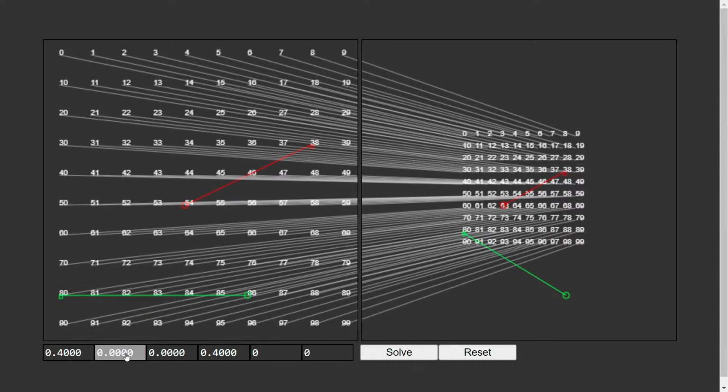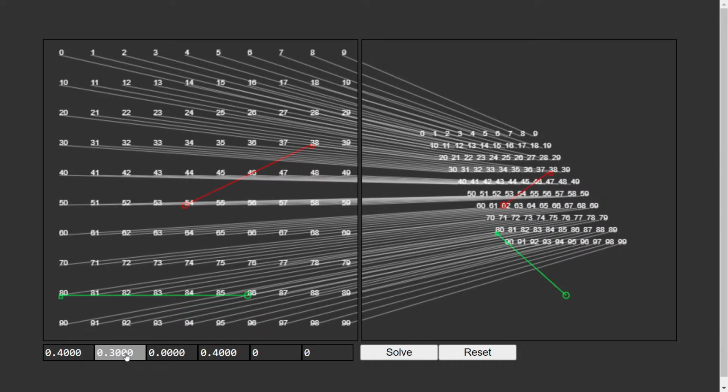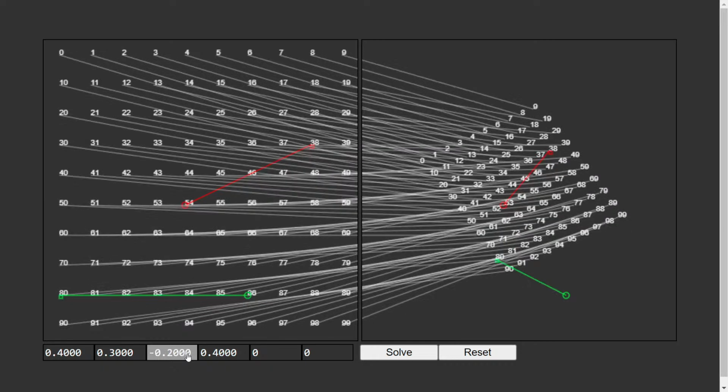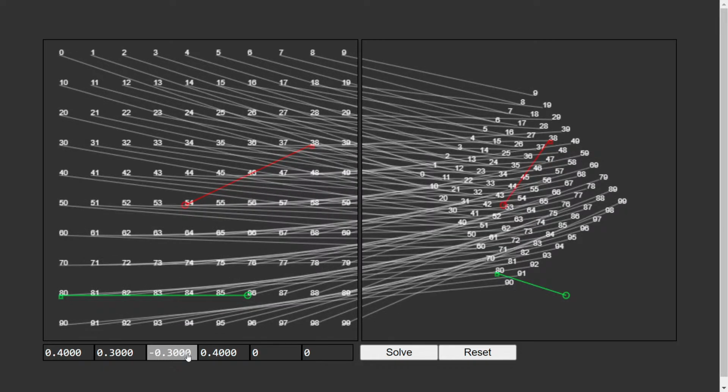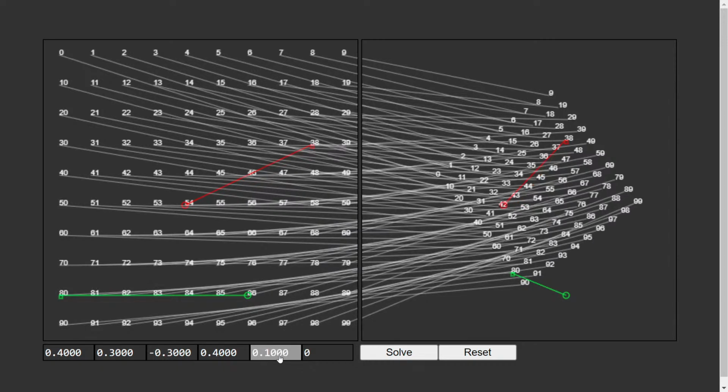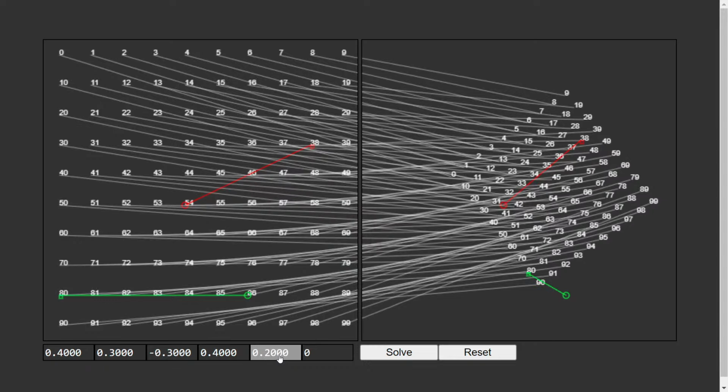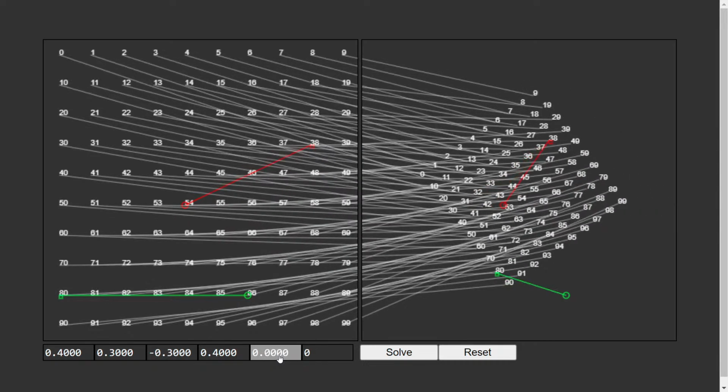Just a little bit of a rotation. Kind of like that. And then kind of like that. Move it. Oh, yeah, that's okay.